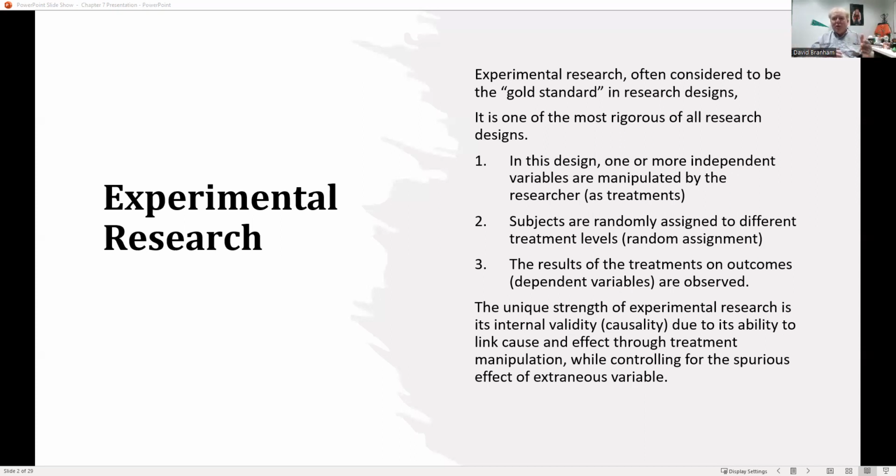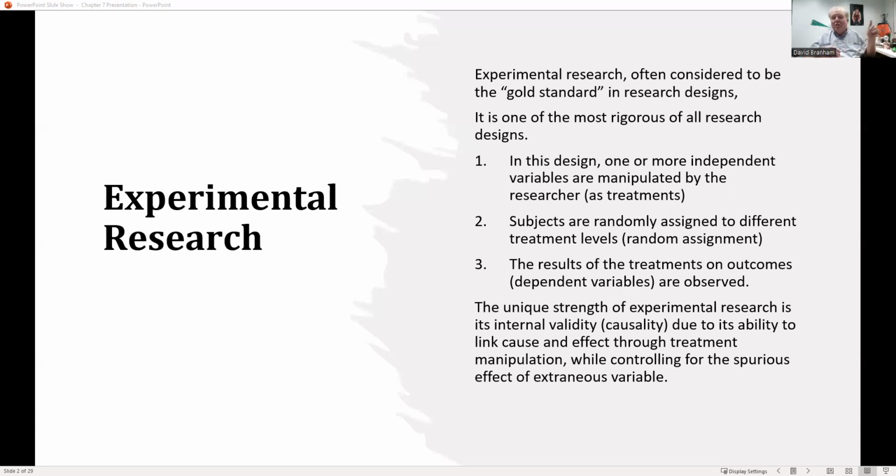The results of the treatments on the outcomes of the dependent variable are observed after the random assignment and the treatment. And the unique strength of experimental research is, as I said, the internal validity that it has. It has causality. We can attribute the cause of the change in the dependent variable on the independent variable that is manipulated.